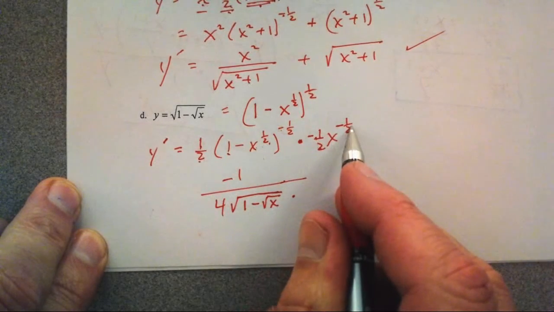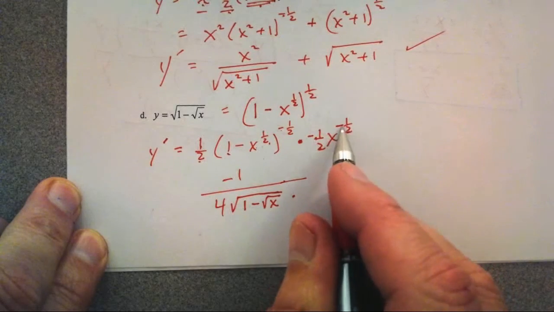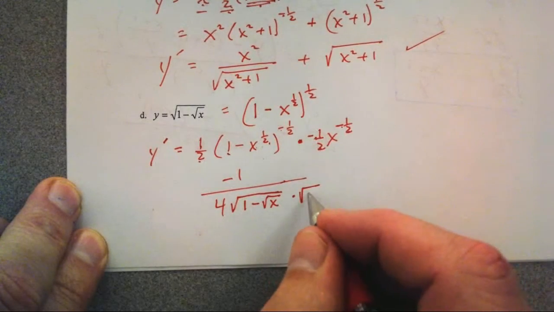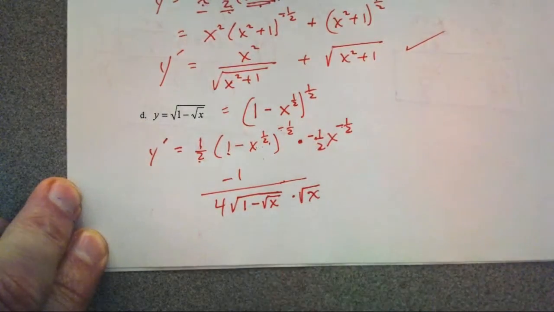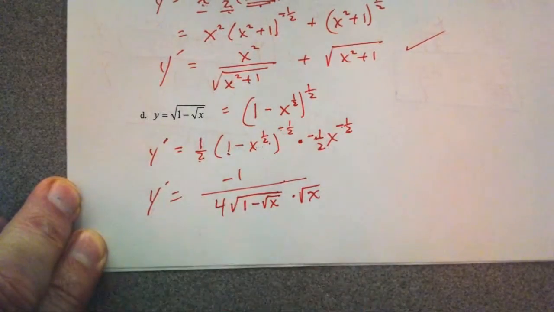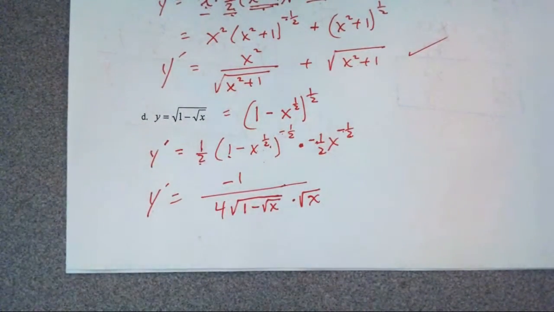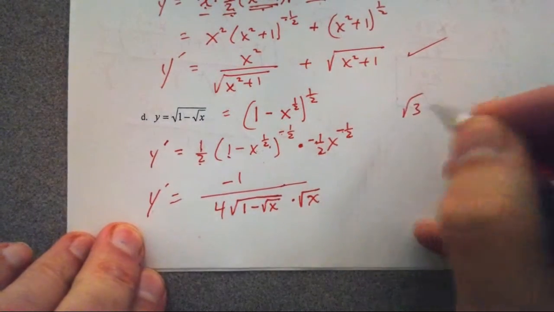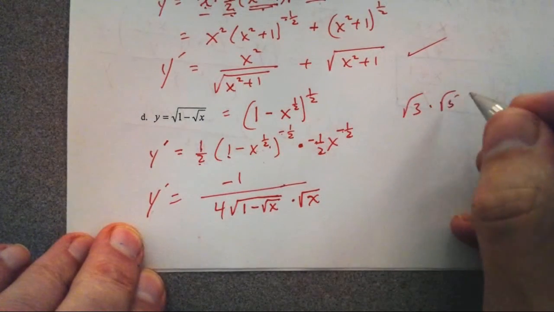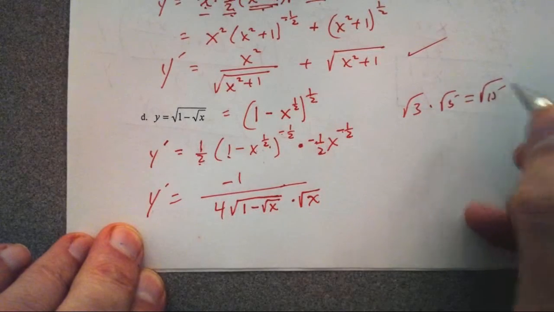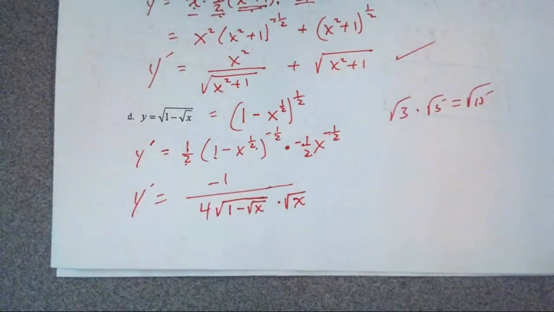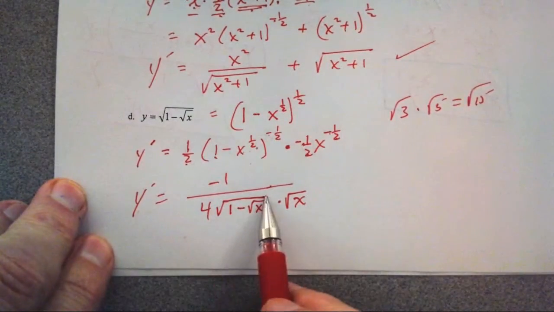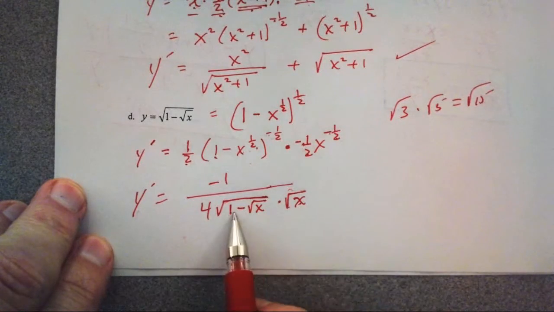Times x to the negative 1/2 goes to the denominator for the negative, underneath the radical for the fraction. Now, because we know square root of 3 times square root of 5, we can make that square root of 15, right? So I can do the same thing here. I can say square root of this times square root of that is just this times that.